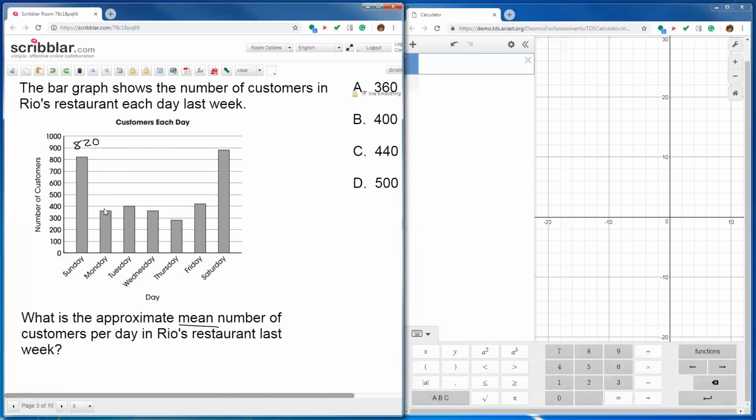And then we have to do this for each day. So like Monday, 350. Because that's half. Yep. 400. And then you got looks like 350 again. Yep, thereabouts. I'd say about 298 maybe.